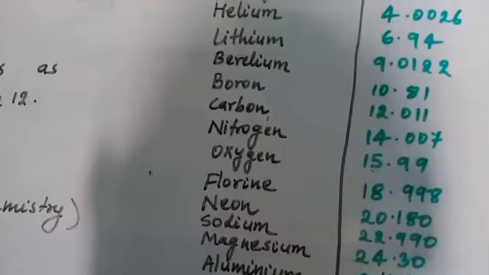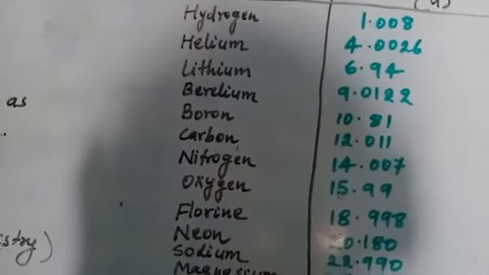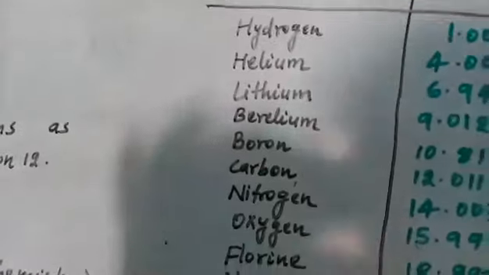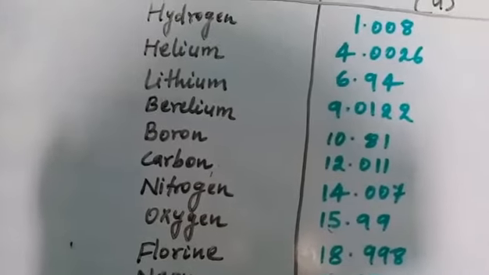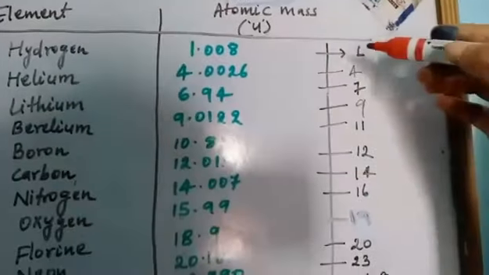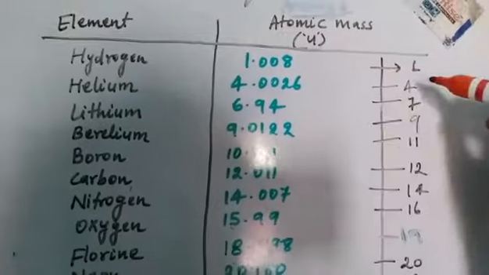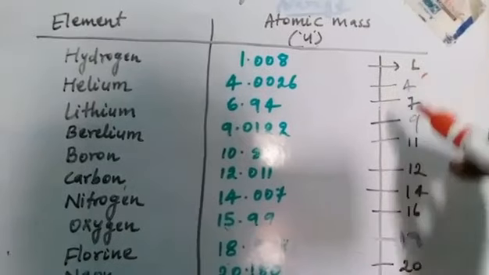Later, in the next chapter, you will see that while expressing the atomic mass in a symbol, we take the mass as whole numbers. For hydrogen we do not take 1.008 but we write just 1.